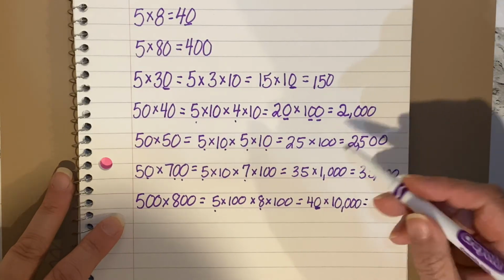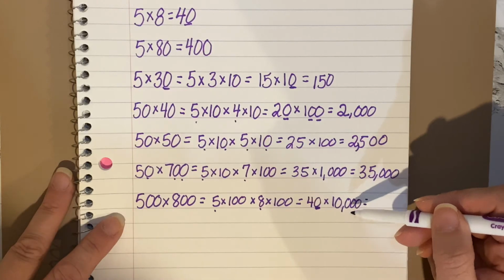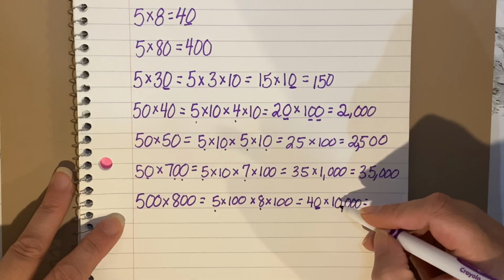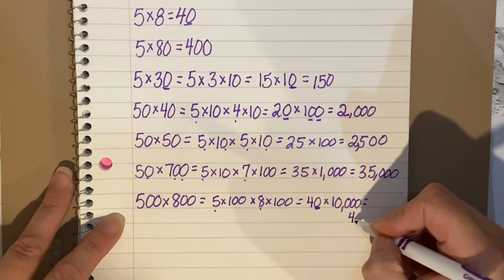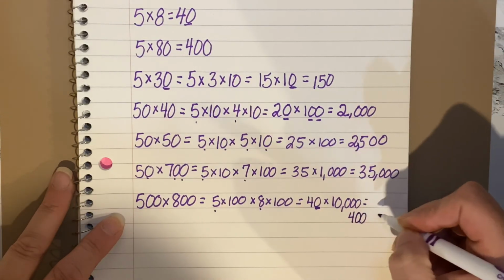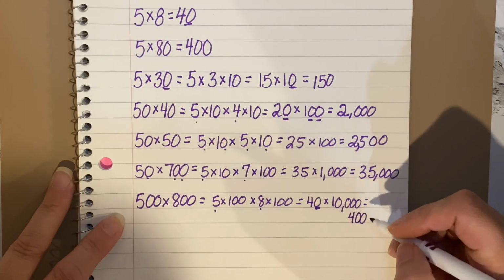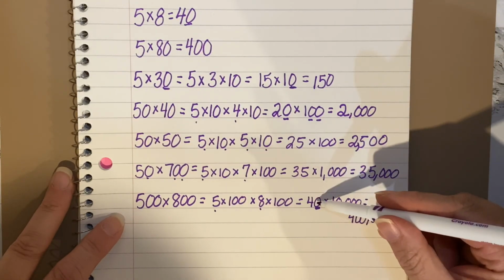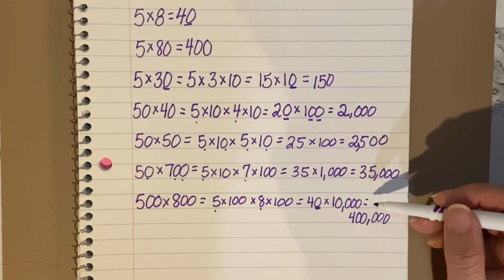Okay. But 40 times 10,000, we need 1, 2, 3, 4, 5 zeros. I'm sorry, 6 zeros, because this 10 times this would add an additional 0 onto there. Okay?